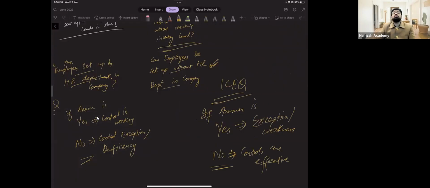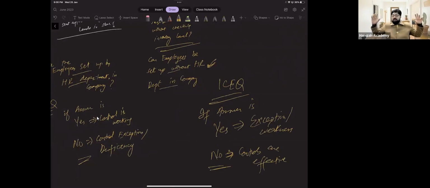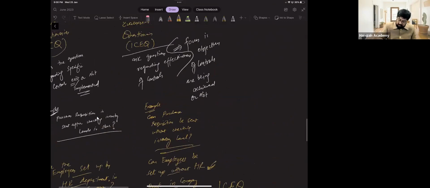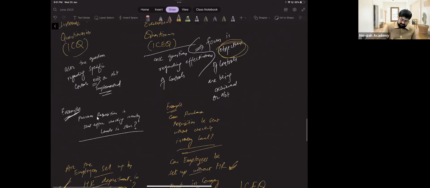So ICEQ has a wider scope. They talk about objectives. ICQ talks about specific activity. Objectives in different companies may be the same. For example, attendance of employees.